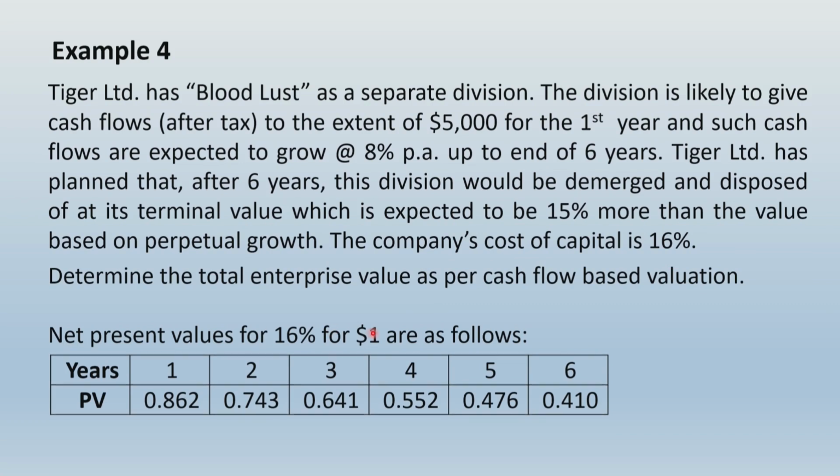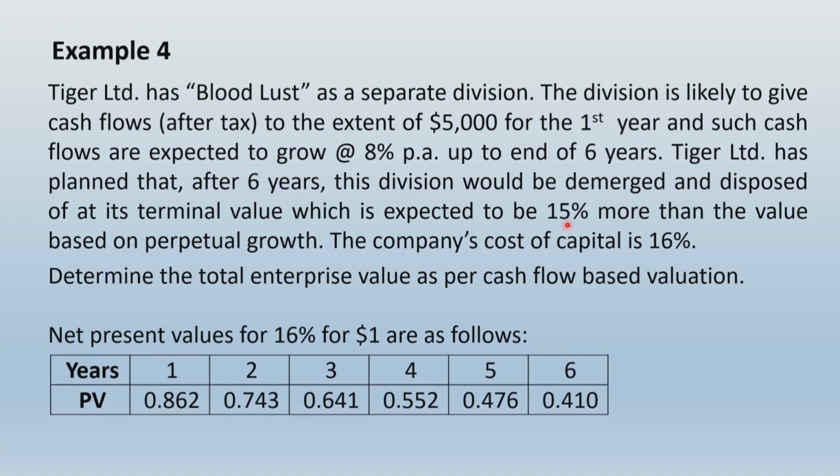Net present value for 16% for $1 they have given you. These are all the discount factors at 16% discounting rate. So other than this 15% adjustment, the question is likely to be similar to the previous example.